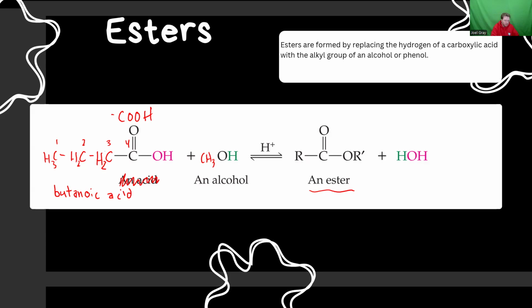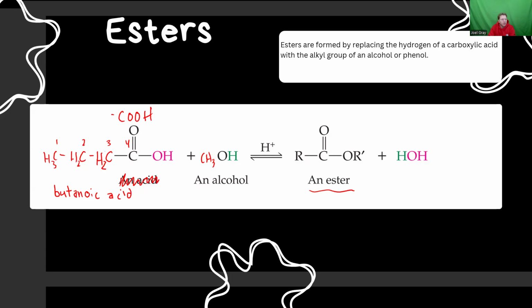So that is butanoic acid. That's the name for that molecule. So when you see butanoic acid, think it's four carbons with a carboxylic acid.